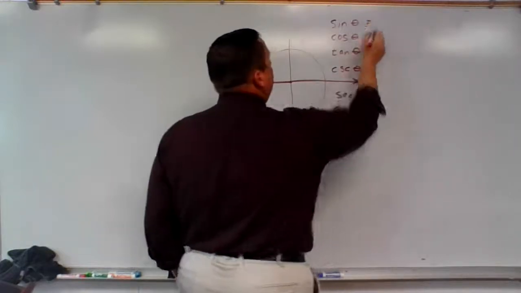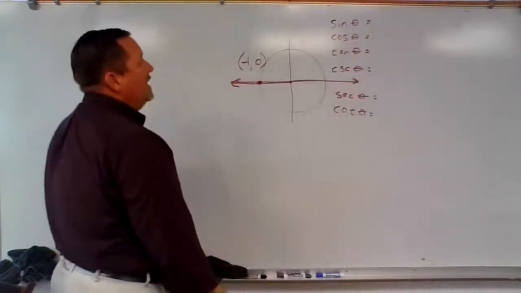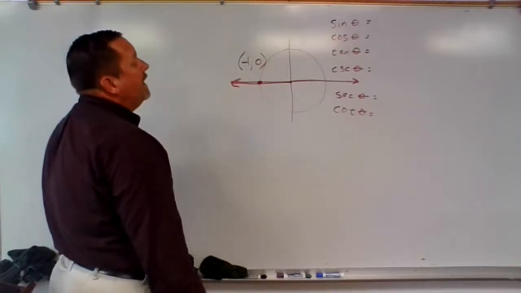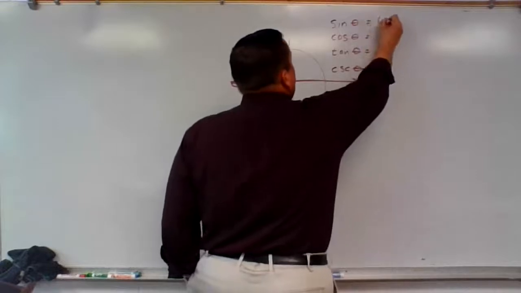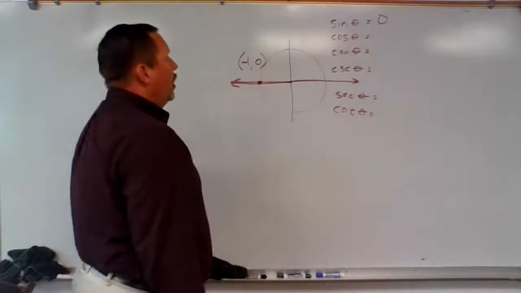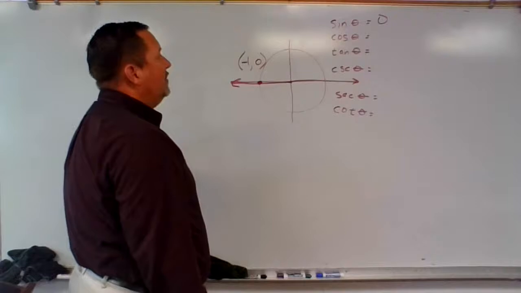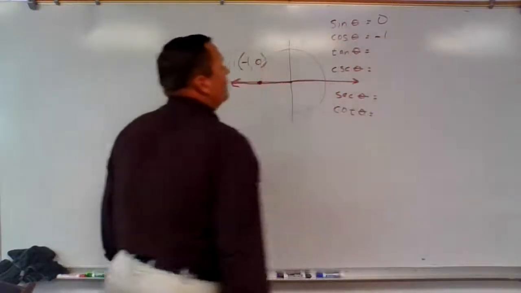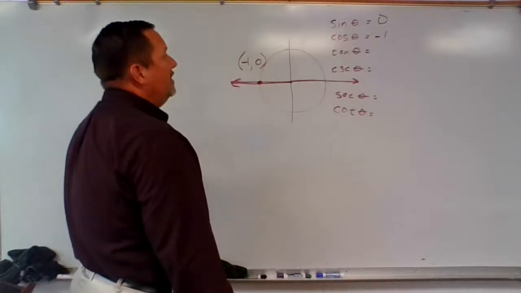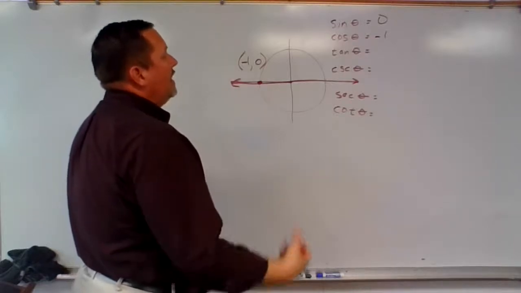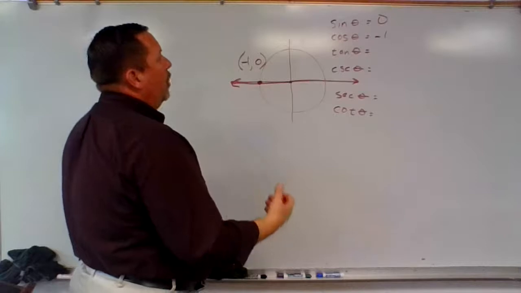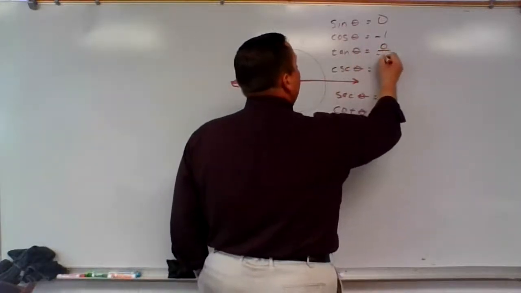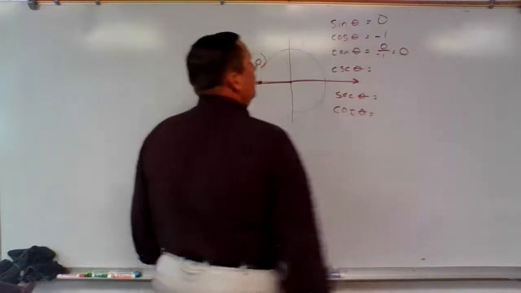Remember, I'm back to a unit circle. So the sine is just the y value, is it not? It is. And that's just 0. The cosine of this angle is just the x value, -1. The tangent is sine over cosine, or y over x, 0 over -1, that's 0.